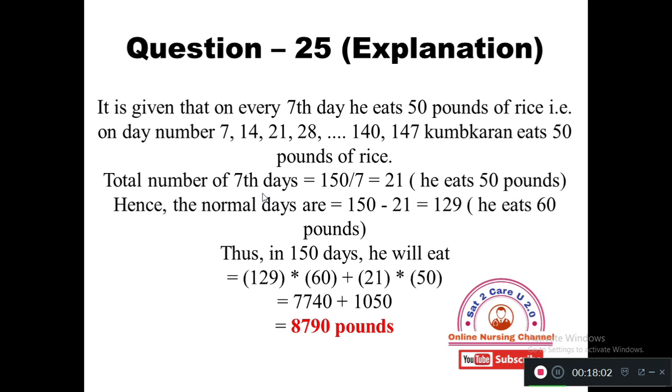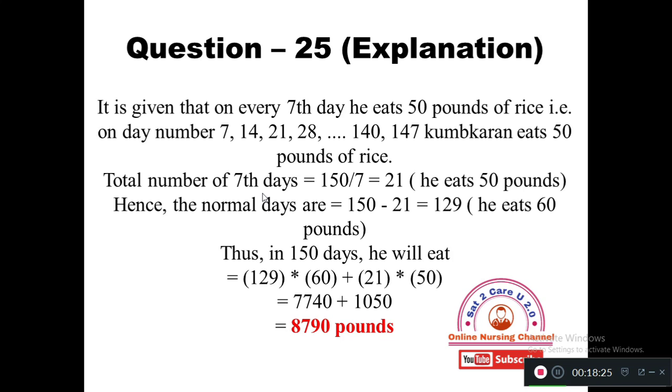So the total number of seventh days in the 150 days is 21. Seventh is the first day, 14th is the second day, 140 is the 20th day, and the 21st seventh day will be coming on 147.